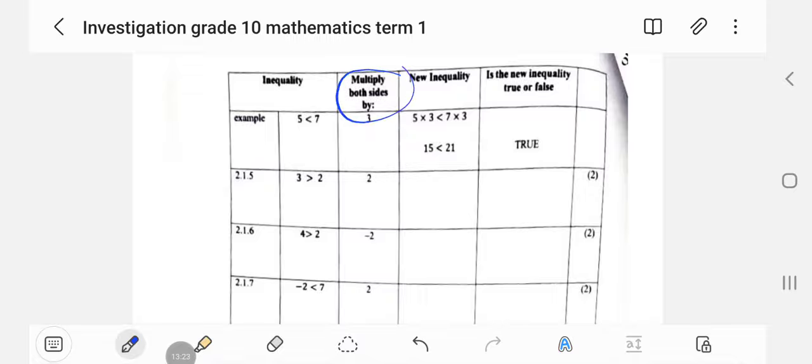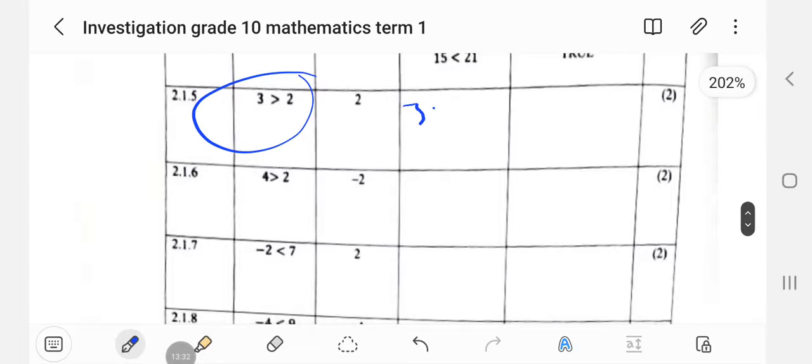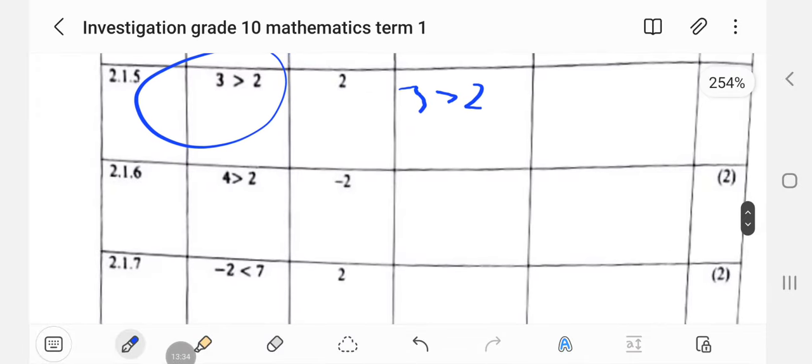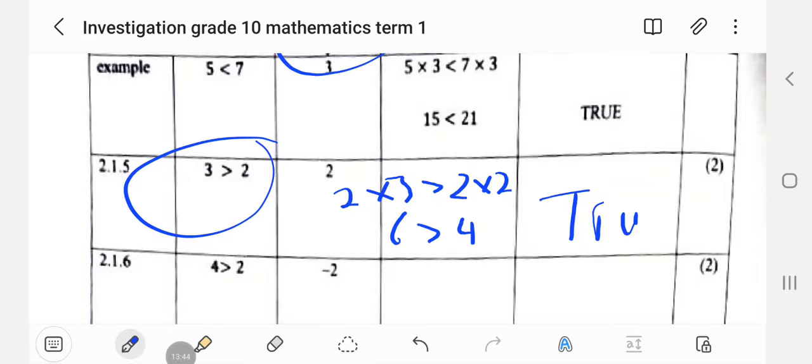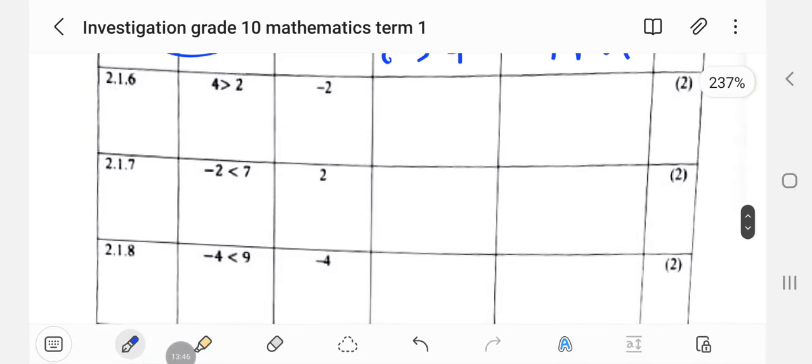Here we multiply by a number. We say 3 is greater than 2. We multiply by 2 and we have 6 greater than 4. So this statement is true. Let me skip this one.